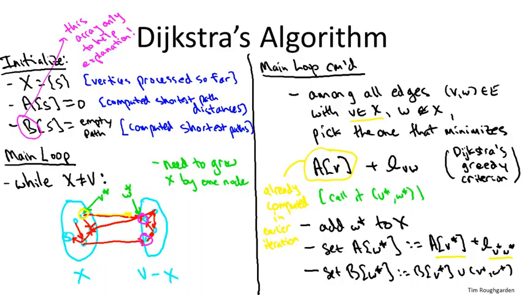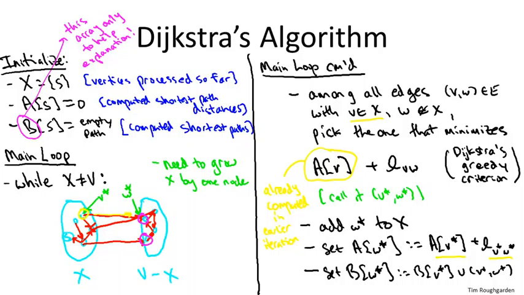We pick the edge with the smallest greedy score, calling that edge just V star W star for the purposes of notation. W star is the one that gets added to X, so it's the head of the arc with the smallest greedy score, and then we compute the shortest path distance of that new vertex W star to be the shortest path distance to V star plus the length contributed by this edge V star W star.